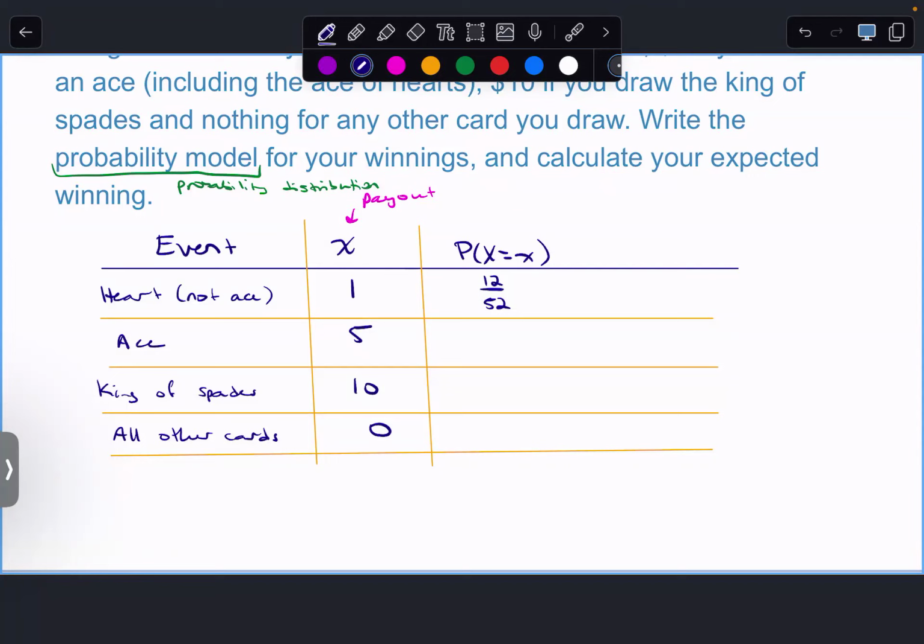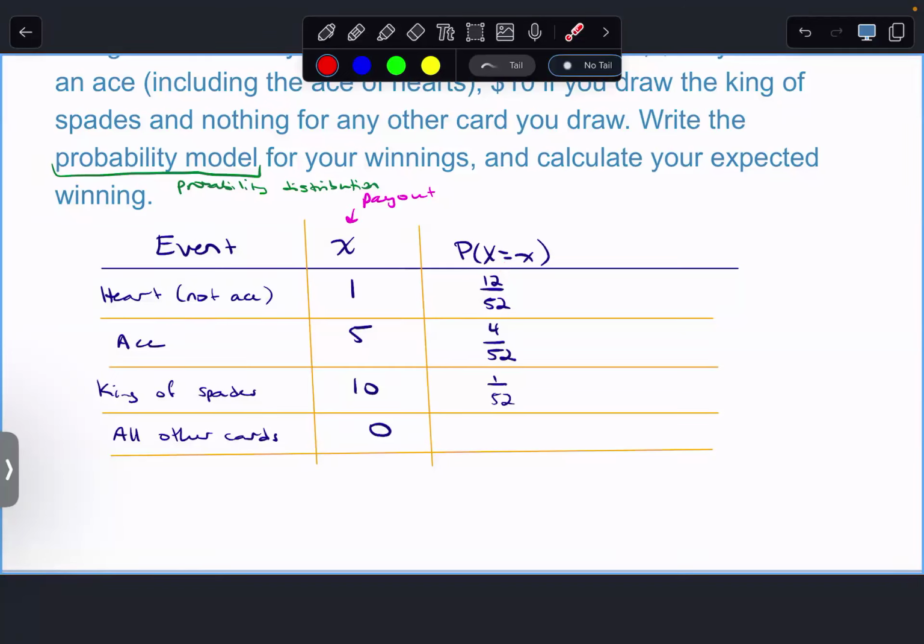Okay. So now I'm able to attach a probability to winning $1, right? If I draw an ace, what's the probability of drawing an ace? There are 4 aces in a deck of 52, and so 4 over 52. King of spades, one and only, nice. 1 over 52. And then all the other cards, what can you do? You can take 52 minus 1 minus 4 minus 12, because you know they have to add to 52 over 52, right?